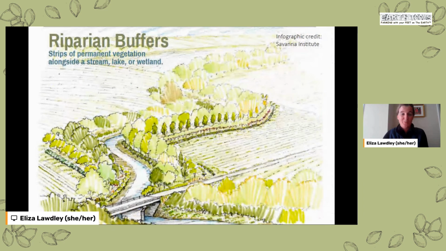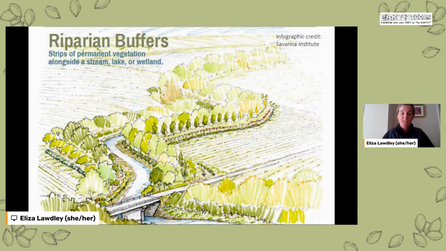The third practice within agroforestry is riparian buffers. Again, this is a great time and place within these buffers to build in keyline patterns. But these are strips of permanent vegetation alongside a stream, a lake, or a wetland. So at our farm, Panther Creek, we back up to Panther Creek and also to Falls Lake. And so we really see it as important to have many different riparian buffers before we hit the water's edge.